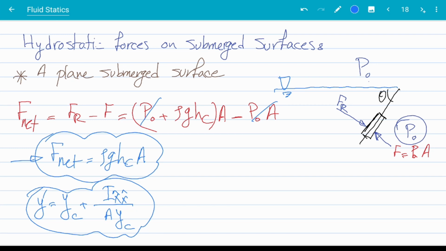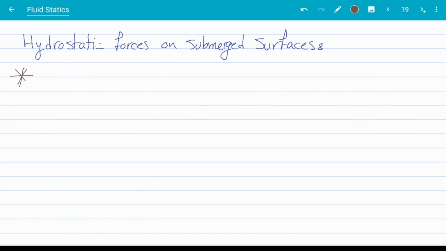Now, if the other side is not exposed to P0, it's exposed to some other sort of pressure, then you have to find the net force and the location of the net force using the methods that you learned in statics. So now let's discuss the hydrostatic forces on a curved submerged surface.